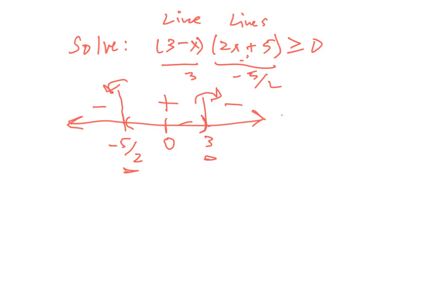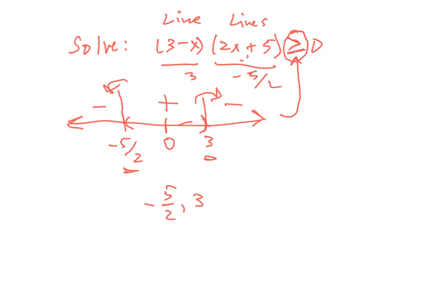Now, for the very first time, I ask what I wanted here. I actually find the sign everywhere, but I only really want to know where it's positive. So once again, it's the region in the middle: minus 5 halves to 3. And there's one more little wrinkle here. Unlike the last problem, we want it to be greater than or equal to 0.